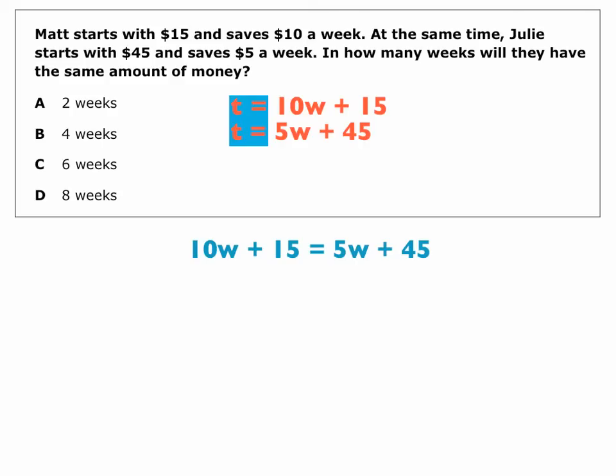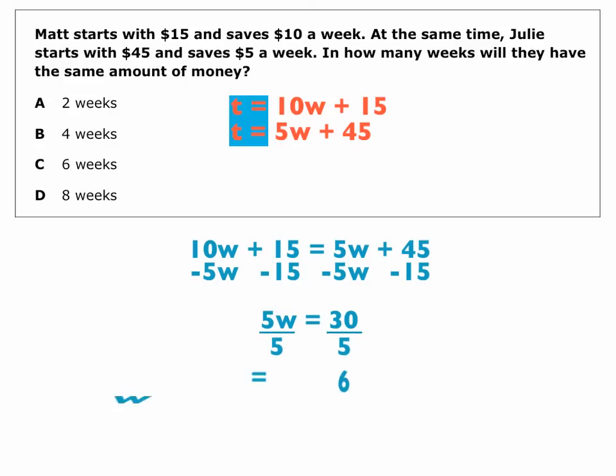I'm going to start by subtracting 15 from both sides, and then I'm also going to subtract 5W from both sides. What that does is it gets my W's on one side and my constants on the other side. So I'm left with 5W equals 30. Divide both sides by 5, and you get W equals 6. So after 6 weeks, or C, they're going to have the same amount of money.